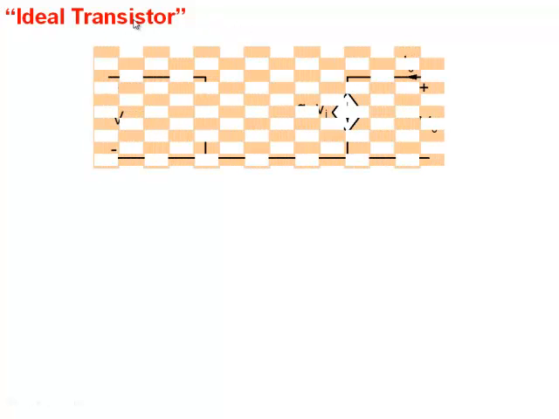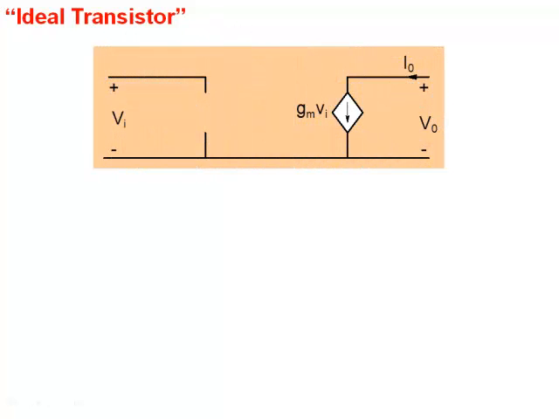All right, so what would be an ideal transistor, in quotes? Let's see. It may look something like this. Why is it ideal? We note that the output current doesn't depend on V0 at all. We said a transistor would be an element where the output current is very sensitive to the input voltage and not sensitive to V0.